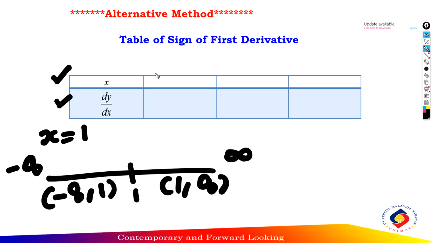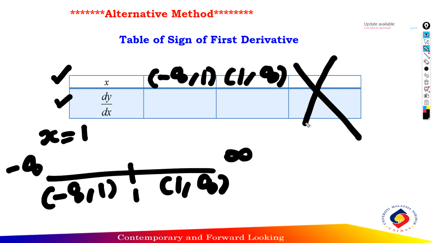So the first interval from the left is negative infinity to 1, and then 1 to positive infinity. In the first row you put the intervals of the cubic function, negative infinity to 1 in the first column, and in the second column you put the second interval, 1 to positive infinity.